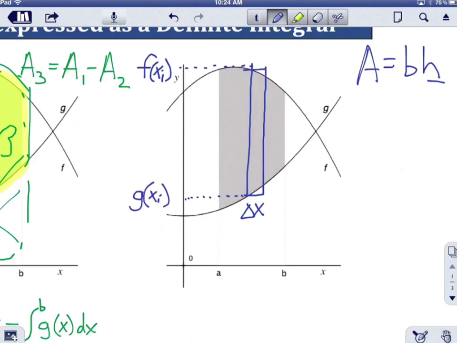So basically it's the function evaluated at the point. And so if I'm looking at the height here, it's going to be the difference between f of x sub i and g of x sub i. So we have f of x sub i minus g of x sub i.